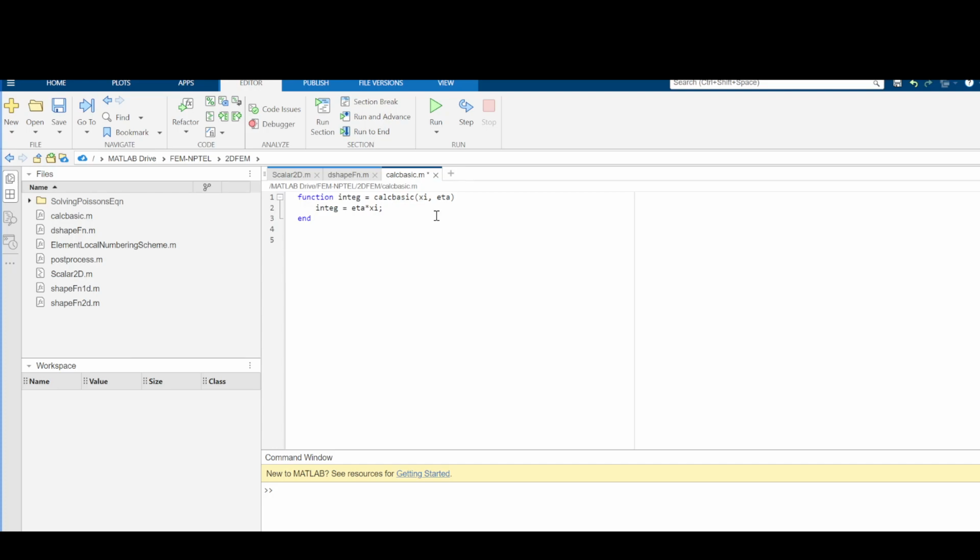So now I call a loop for i equals. I define the Gauss points here first.